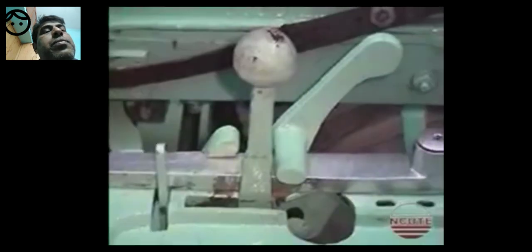So this first 12 seconds is about the presence of shuttle in the shuttle box, when there is no shuttle trap. But when the shuttle is trapped in the shed, the dagger hits the frog and releases the starting handle, and the loom stops.